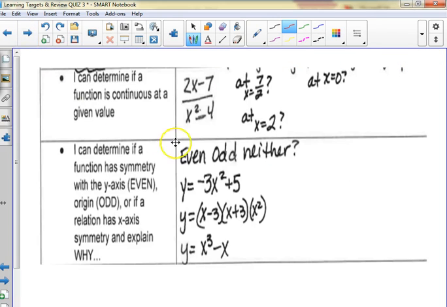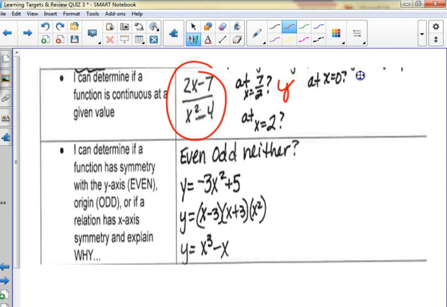Continuous. Is this function right here continuous at 7/2? Well, that's a weird question to ask, but it makes the numerator 0, but does that matter? As long as it doesn't also make the denominator 0, it's continuous. So this would be yes.